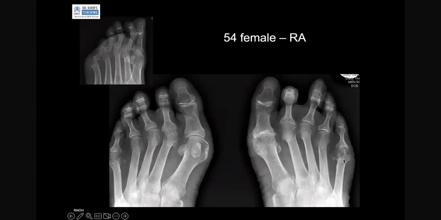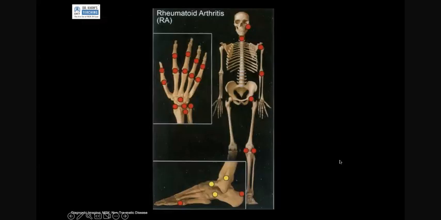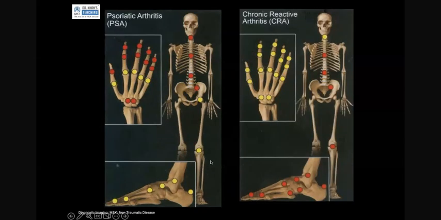But the 5th metatarsophalangeal joint is extremely important. This is the distribution. The joints in red are the most common joints involved in RA. As far as the foot is concerned, the 5th metatarsophalangeal joint is the most common. It's not the first, which is in gout.